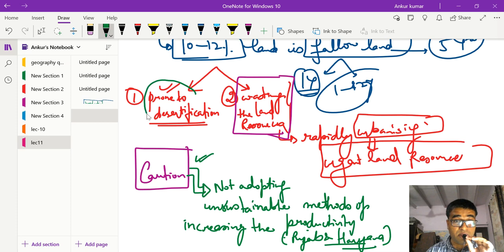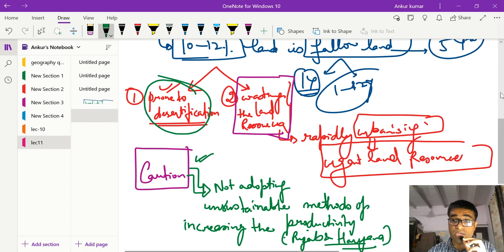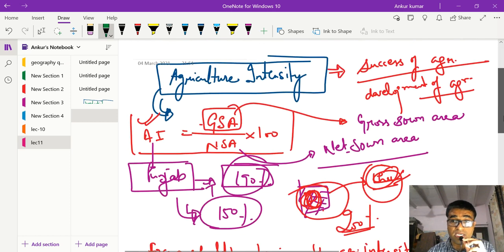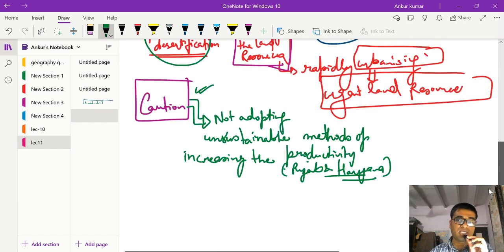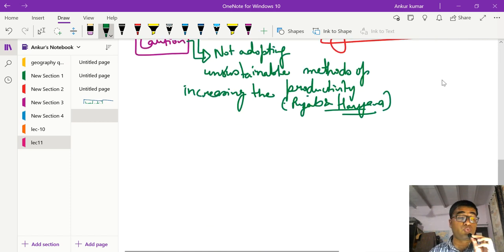But this is the reason why we should not leave the land vacant and why we must increase the intensity of agriculture. So this was again a very important topic, the agriculture intensity, and agriculture intensity is important because we are a land scarce country, we need land.